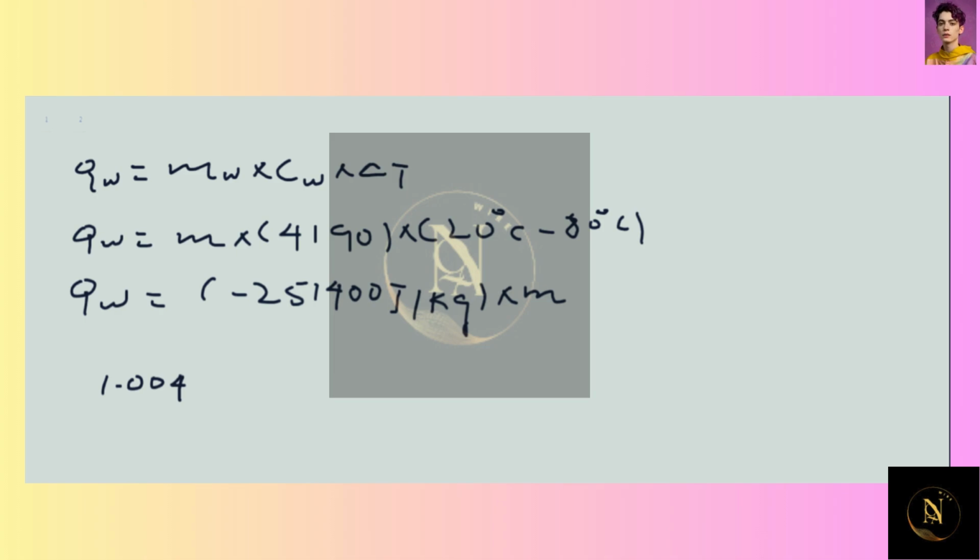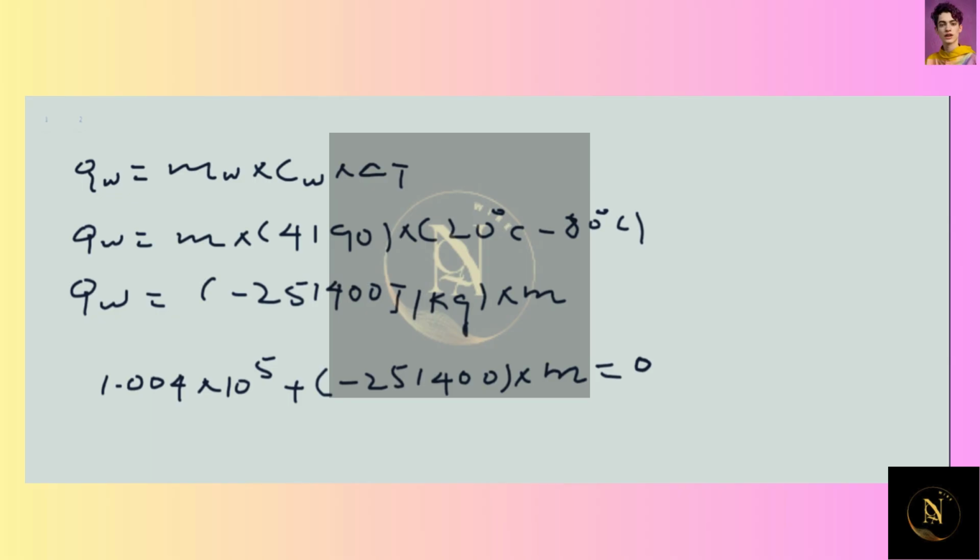1.004 multiplied by 10 to the power 5 plus minus 251,400 multiplied by M is equal to 0.